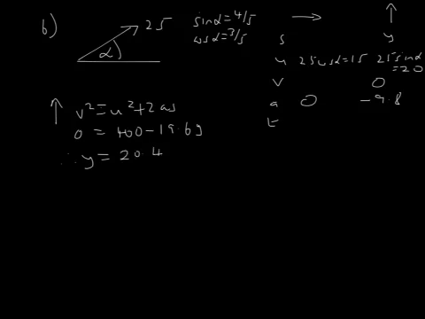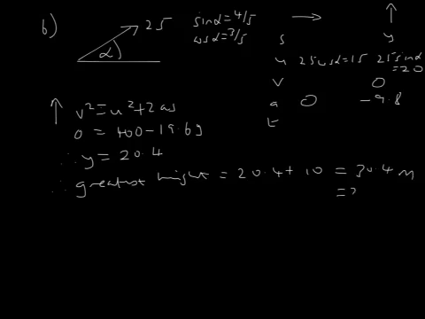But read the question. It says the particle is projected from a point 10 metres above the point O. So therefore the greatest height is that 20.4 plus the 10 it had originally. So that's 30.4 metres, or 30 metres to 2 sig figs, since we're using g to 2 sig figs.